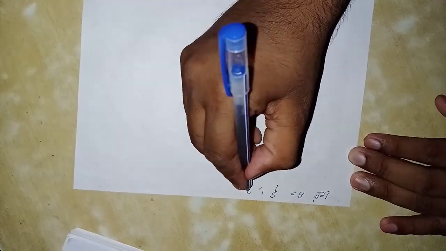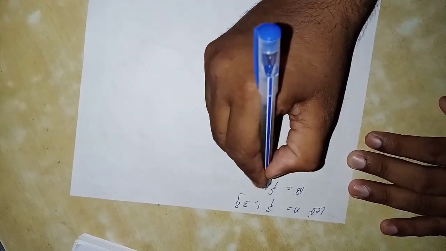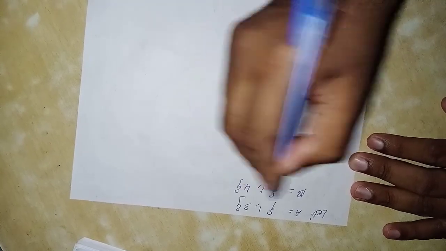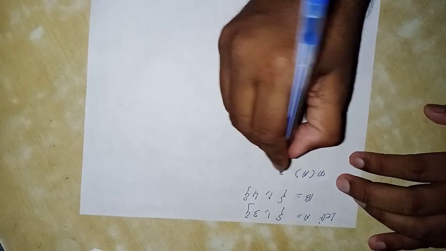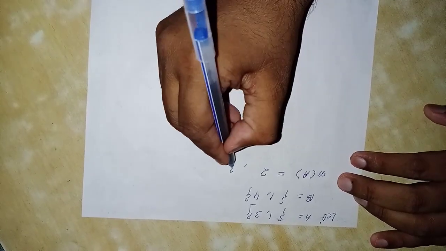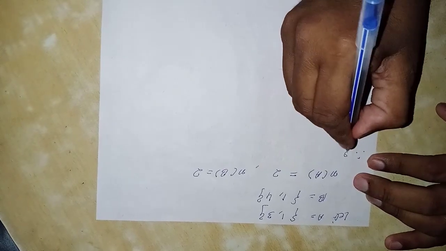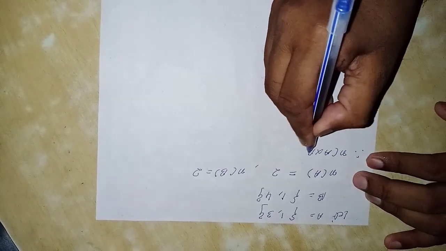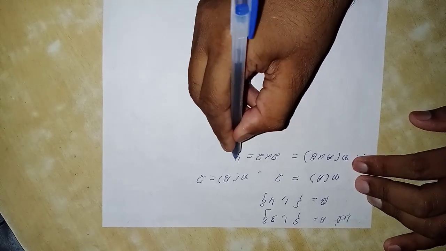Let set A be {1, 3} and set B be {1, 4}. Then the number of elements in set A is 2 and in set B is 2. Therefore the number of elements in A cross B is 2 into 2, equal to 4.